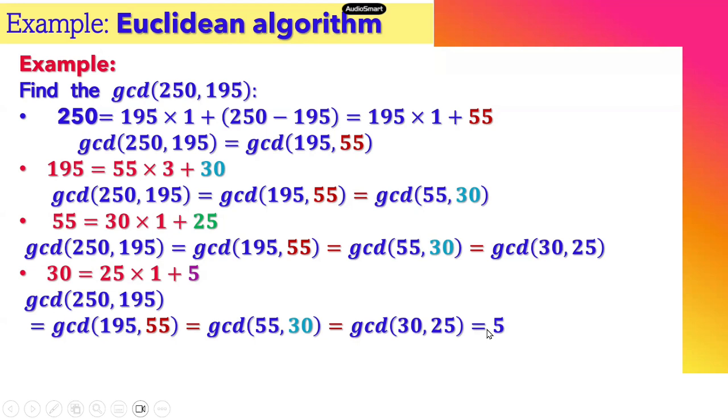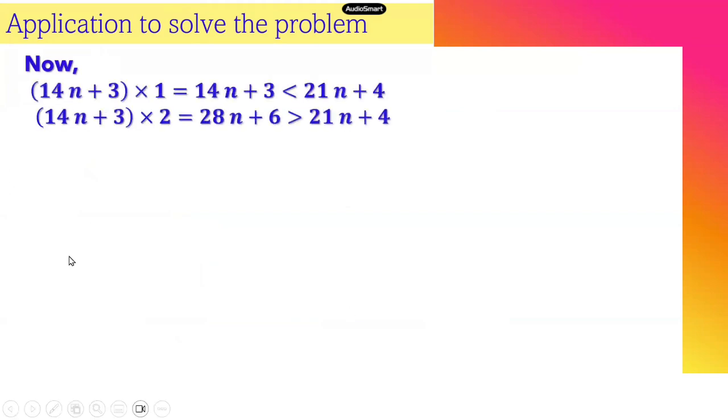So now we understand the requirements and how we can calculate the GCD using the Euclidean algorithm. Now we come back to our problem and solve it using the previous concept. We take 14n + 3, because that is the denominator. Multiplied by 1 it is 14n + 3, which is less than 21n + 4.